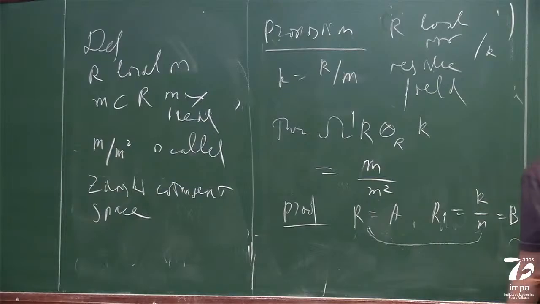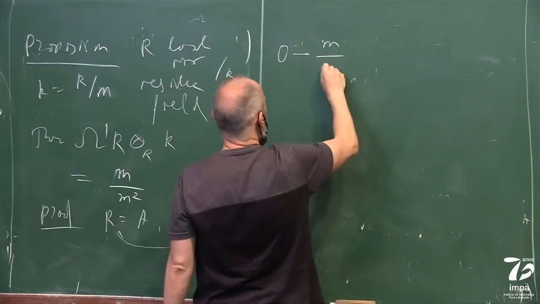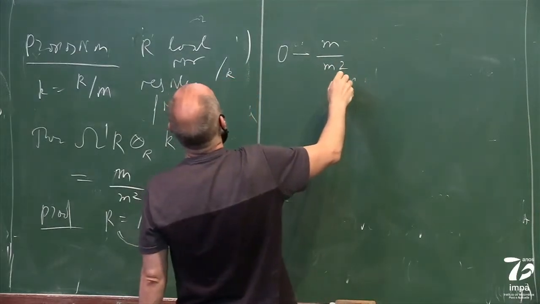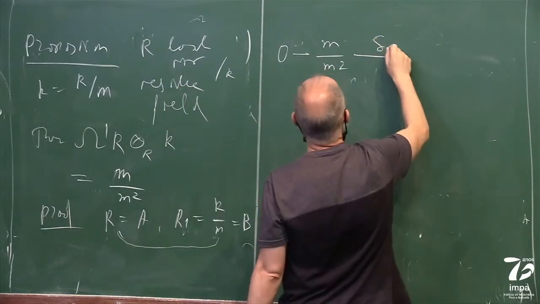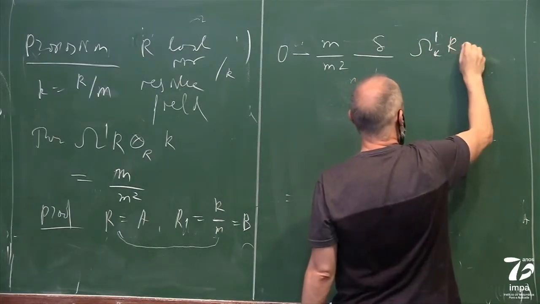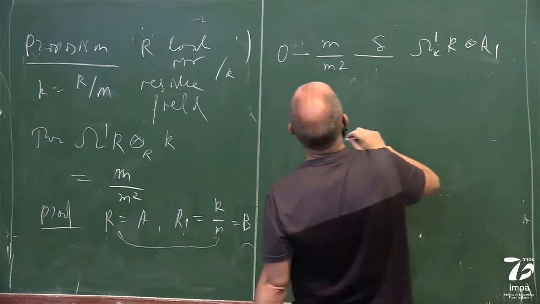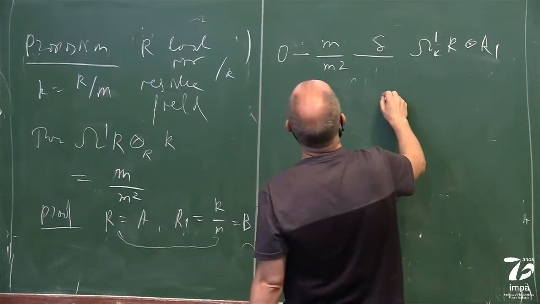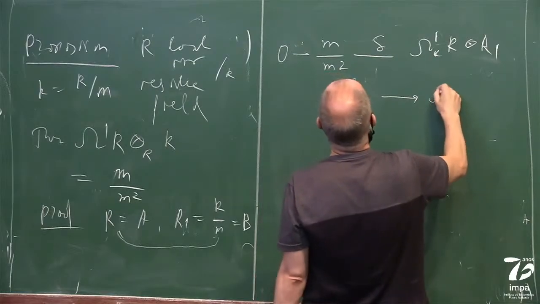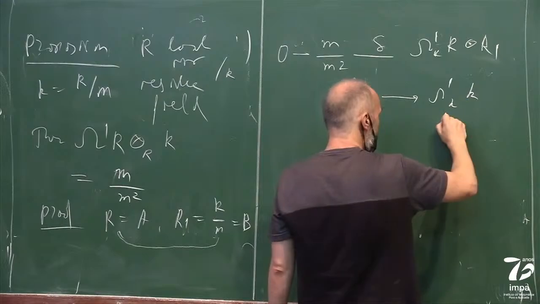You have 0 goes to M quotient M squared, delta maps it to omega 1 of R over K tensored with R over M, and this goes to omega 1 of K, which is 0 as we discussed.